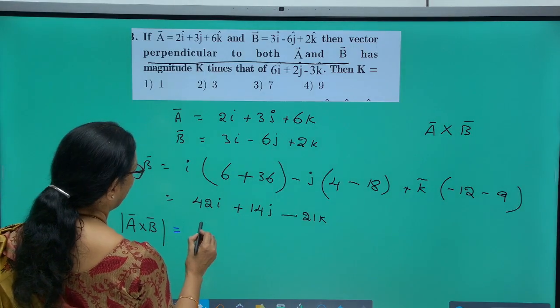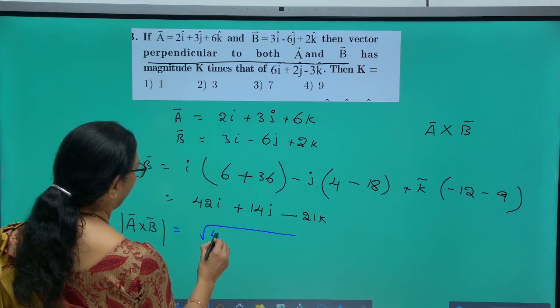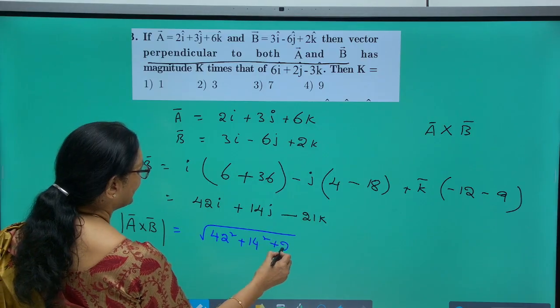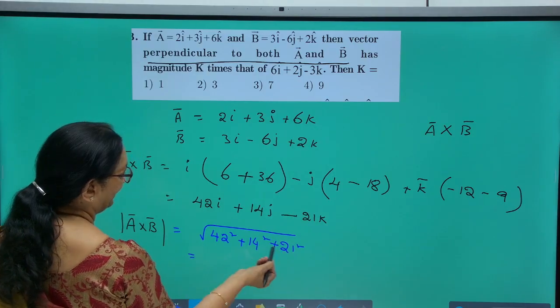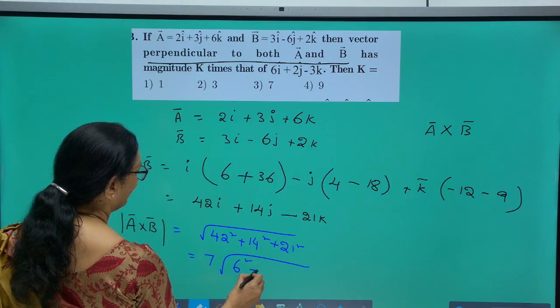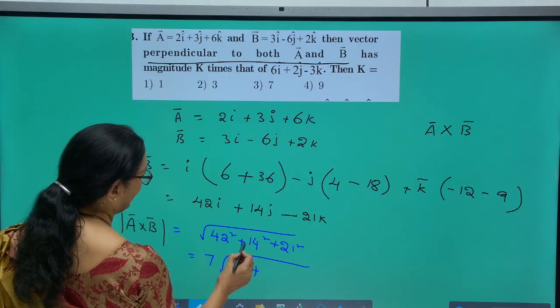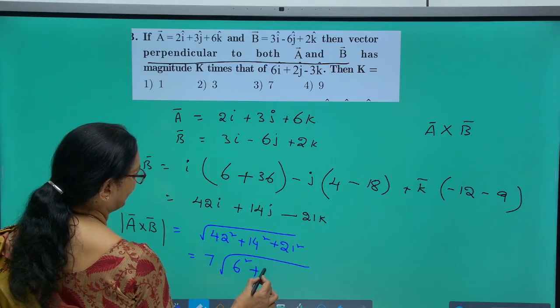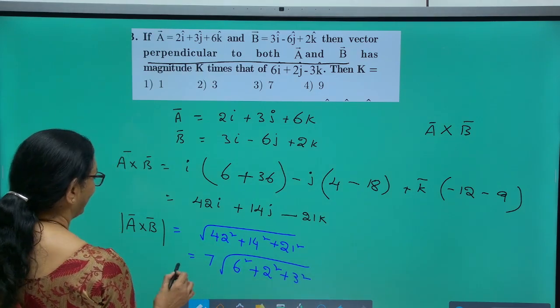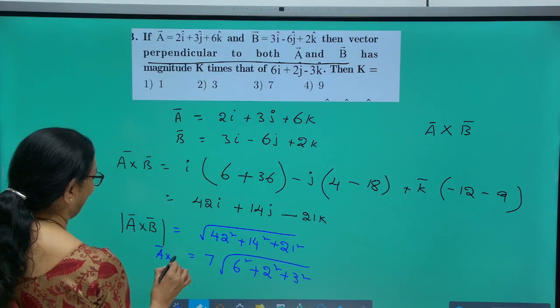If you look at this, it becomes root of 42 square plus 14 square plus 21 square. See, very obviously 7 is common here. This is 6 square plus 2 square plus 3 square, with 7 taken as common factor outside. Now, I got a brilliant idea.